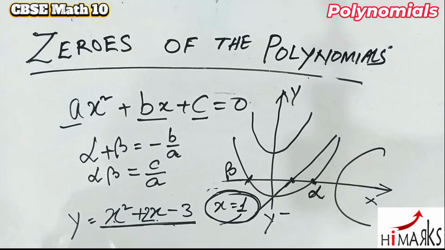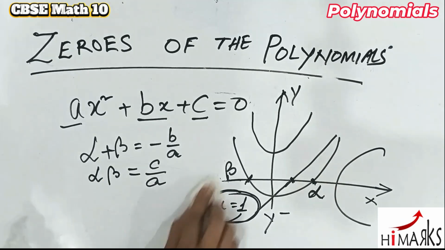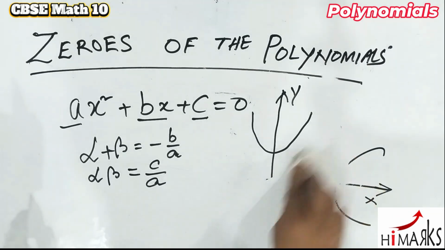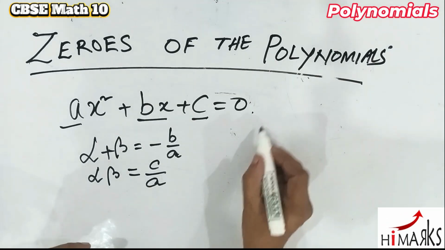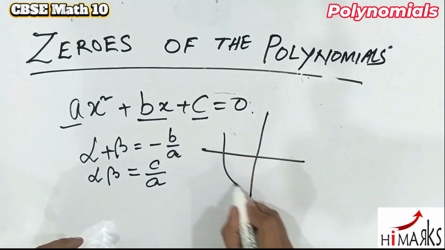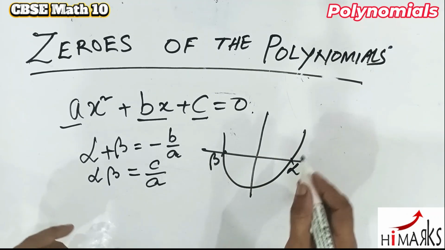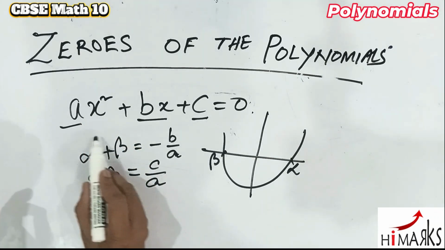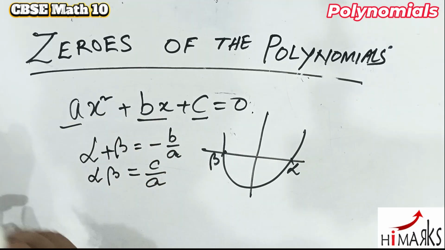Now observe carefully. Alpha and beta are called zero or root. Remember, zero or root. These are the two solutions of the quadratic equation. If alpha and beta are given, we can get the equation back.